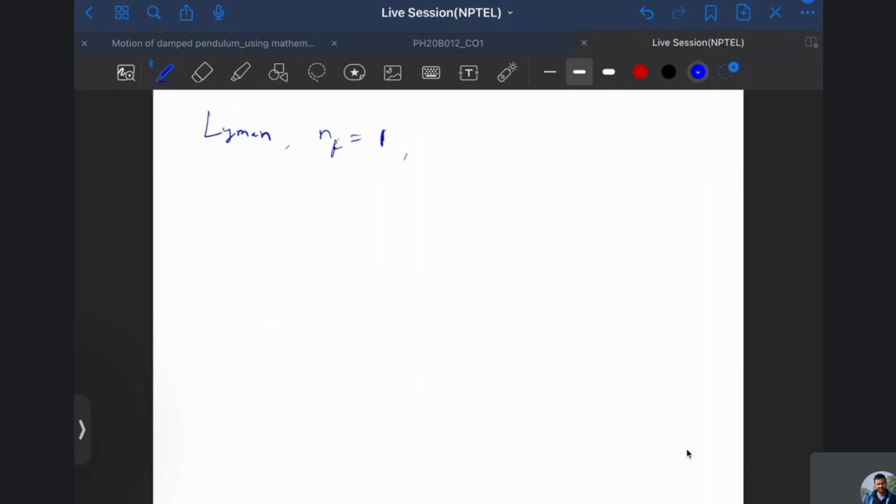And the initial state n can be 2, 3 up to infinity. So for Lyman series, this formula becomes 1 by lambda equals R times 1 by 1 square minus 1 by n square, where n is equal to 2, 3, and so on.